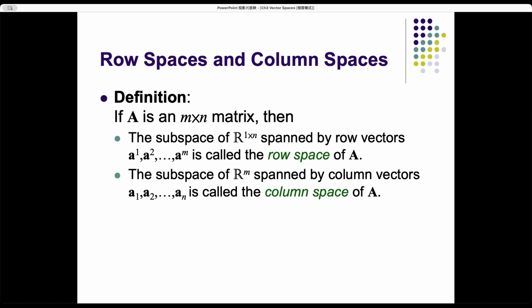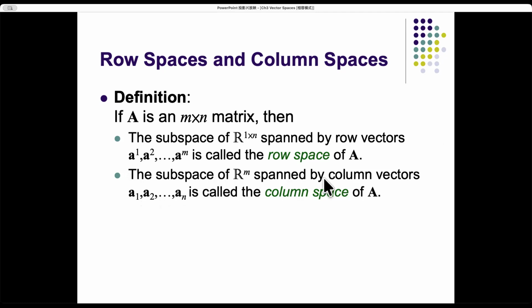Similarly, if you consider the column vectors A1, A2 to An, be very careful with the notation. Even though these are all A's, for the row vectors A1, A2 to Am, the index is at the top, in the upper corner.